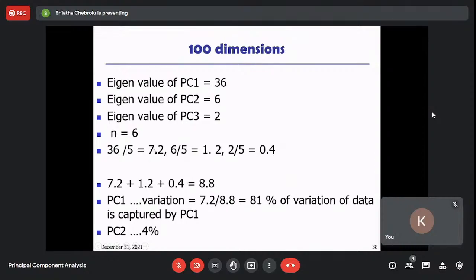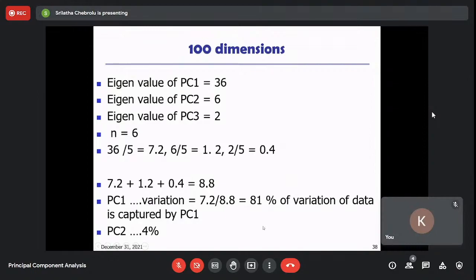We want to see how much variation each principal component has contributed. So 36 by 5 is 7.2, and the total value is 8.8. So PC1 contributes 7.2 by 8.8, which means 81% of the variation of the data is captured by PC1 itself.